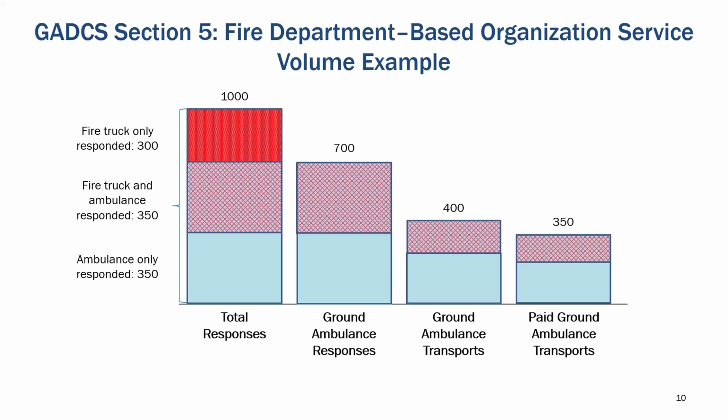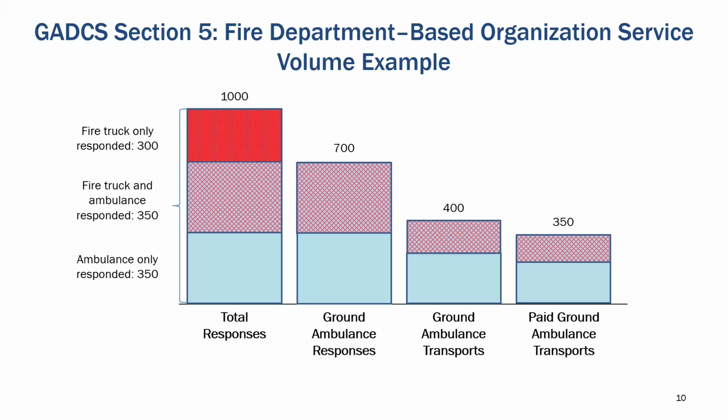In the second bar, we look at ground ambulance responses, where we only count responses by a fully equipped and staffed ground ambulance. You can see that the organization did not count the fire truck only responses here, but they did count all the responses where a ground ambulance responded alone or in combination with a fire truck. Note that it is likely that not all of the organization's ground ambulance responses will result in a transport. The third and fourth bars illustrate the number of ground ambulance transports, 400 for this organization.